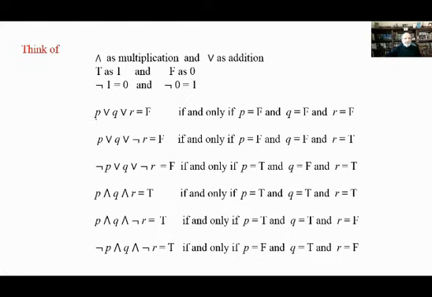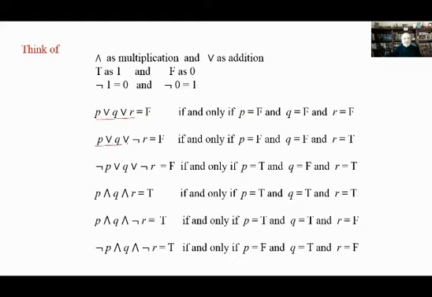This expression here is false if each one of these must be false. This must be false, this must be false, this must be false to get a false answer, because if one of them is true, you get a true. So this one is false if and only if P is false, Q is false, and R is false.